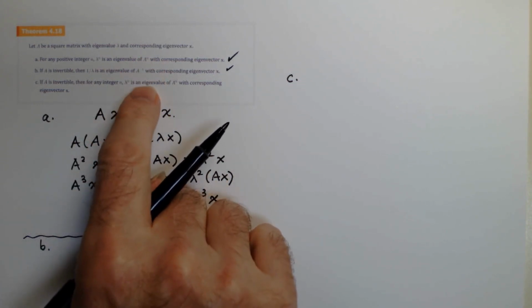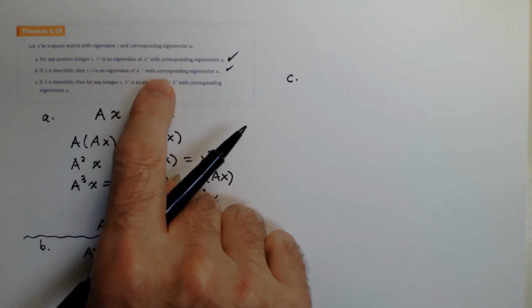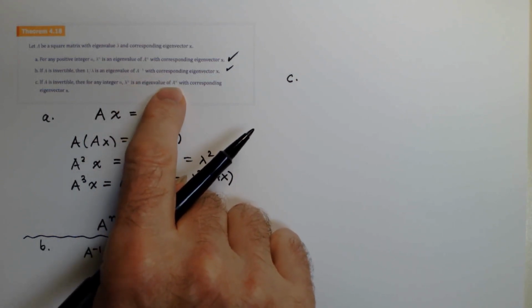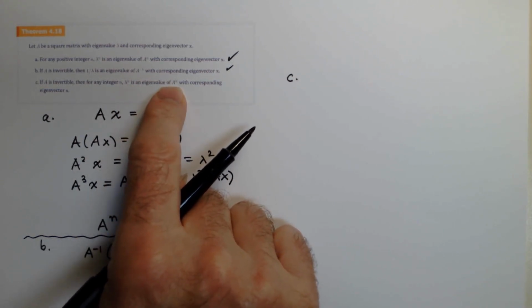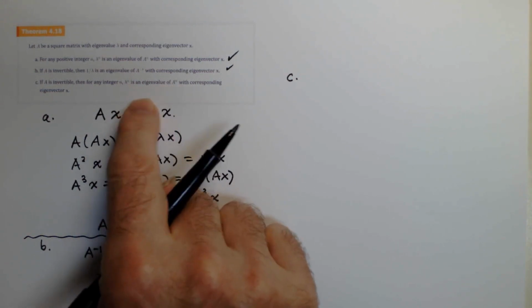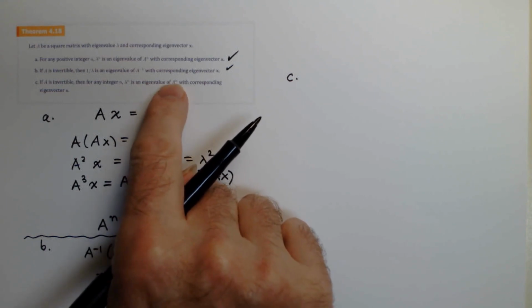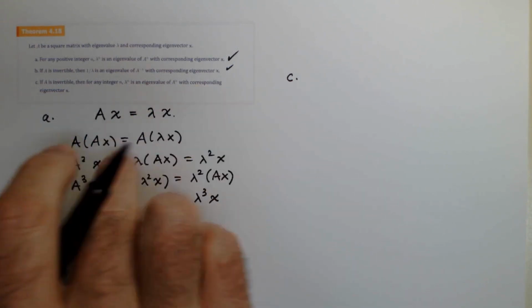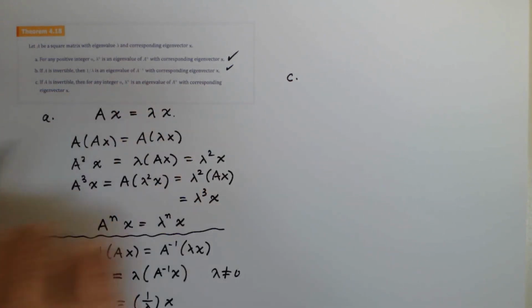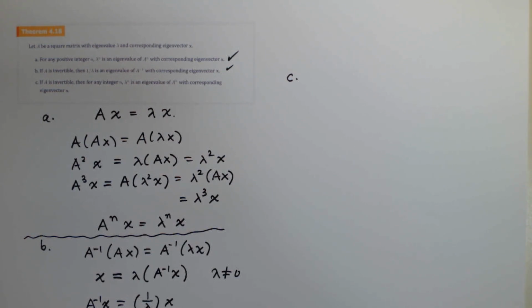This is now really especially asking us to think about proving this statement when n is a negative integer, all right? So for instance, A to the negative 3 or A to the negative 10. In general, what do we do with a negative integer power of A? We have to show that lambda to that same negative integer power is an eigenvalue with this same eigenvector.